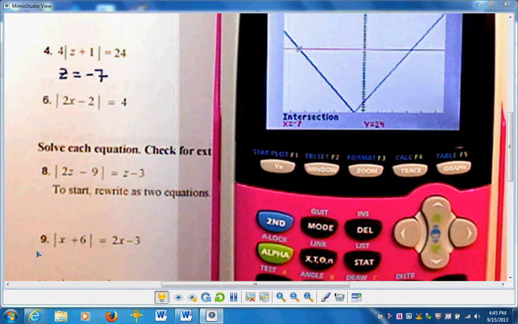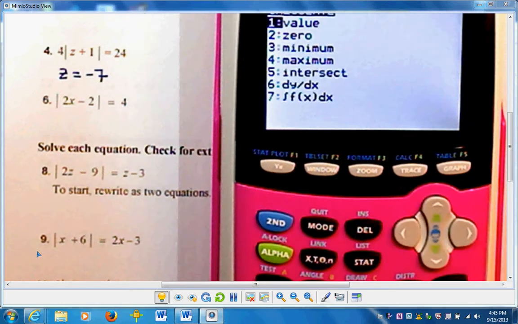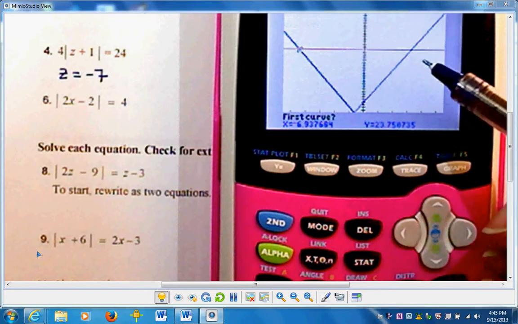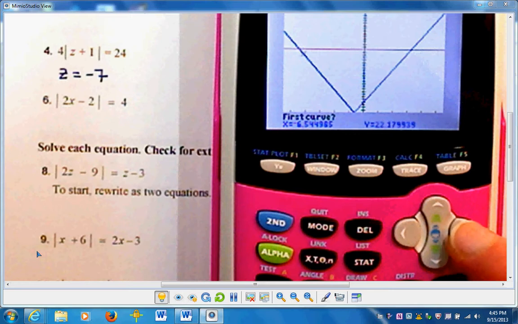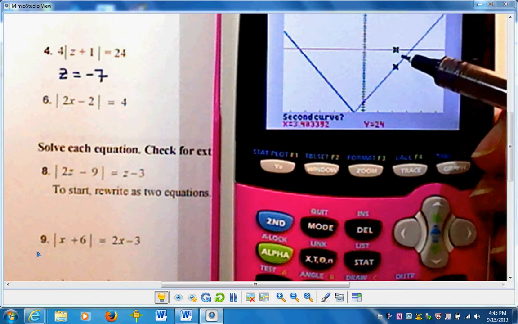So I'm going to do the process again. I'm going to go second, calc, intersection, number 5. But this time I want to look at the one on the right. So I have to move my cursor over close to the point where I want it. So I push enter, and that is asking me for second curve.